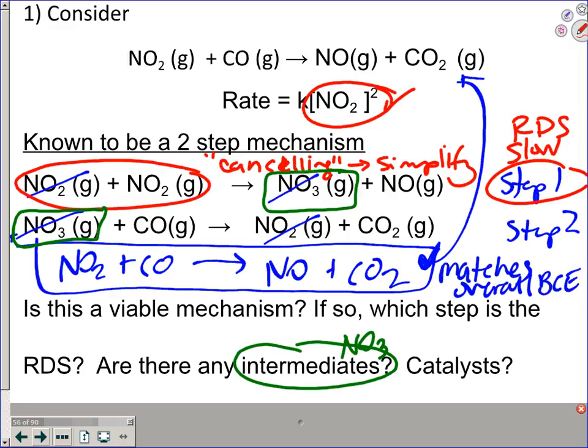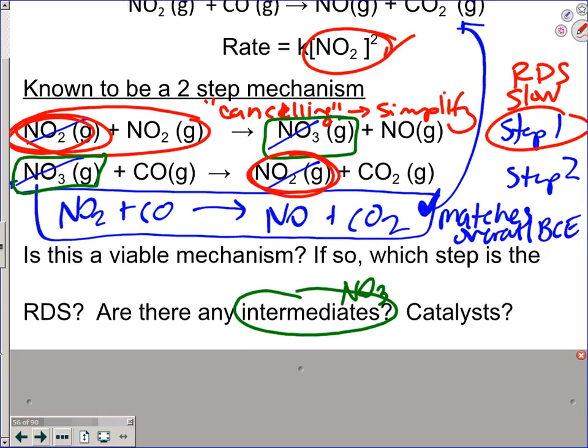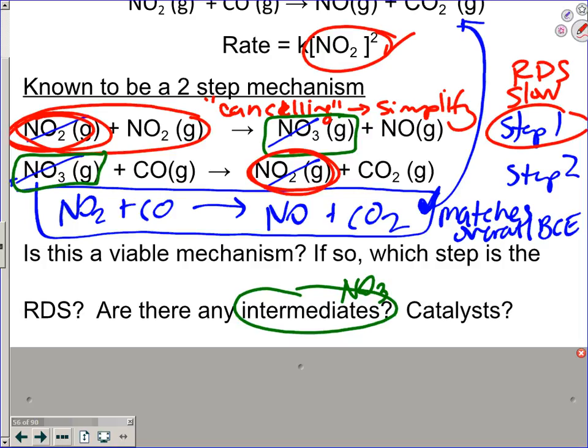Through a series of steps, you would have many intermediates. So NO2 here means that one of the NO2s is a reactant, the other one is a catalyst. It doesn't really matter, as long as you see it here and then formed as a product, it means that your NO2 itself is the catalyst.